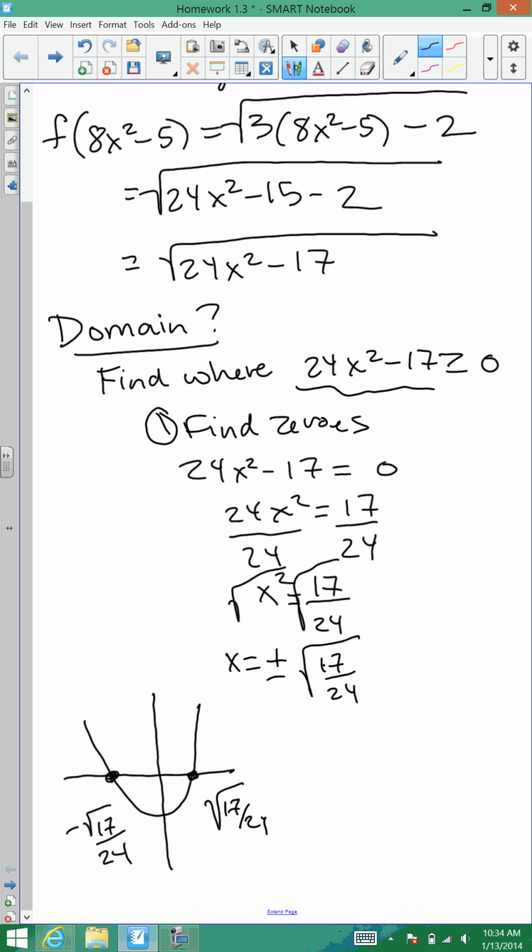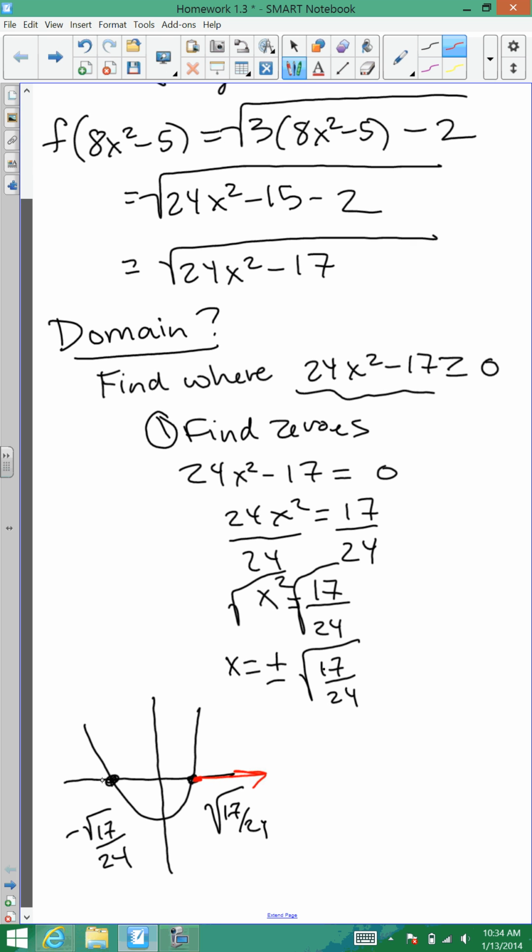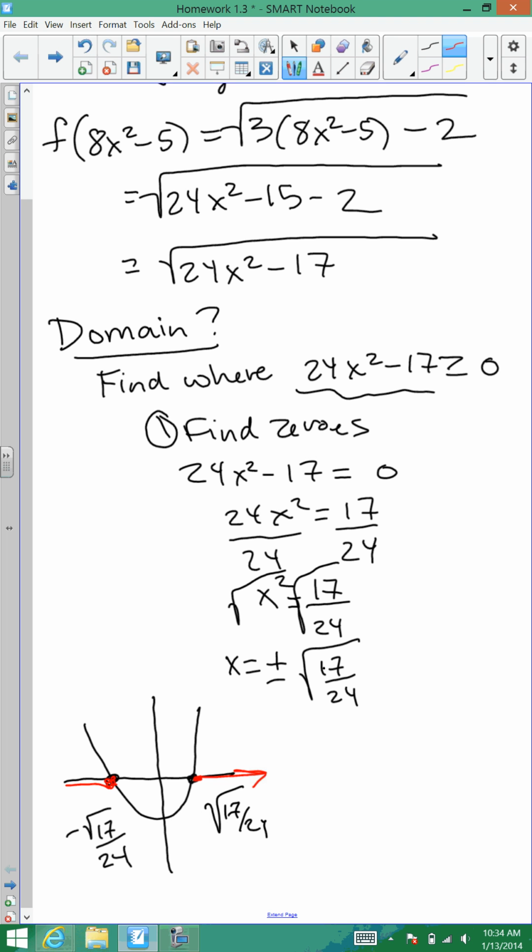So we want to know where this function, 24x squared minus 17, is greater than or equal to 0. Well, I'm just going to switch the color of my pen. Oh, there we go. That happens exactly from here on this way, and from this point on down, right? Between these 2 points, it's less than 0, and to the left and to the right, it's greater than or equal to 0.